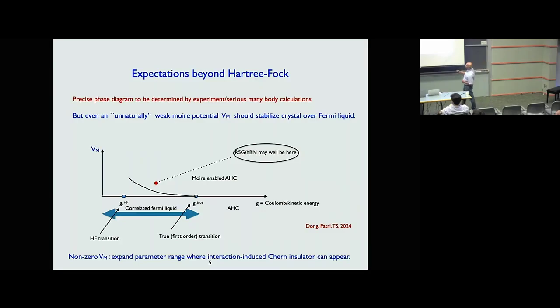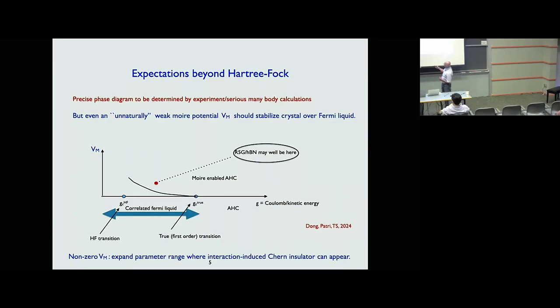So deep into the liquid phase, the crystal is almost the ground state, but ultimately it's not. It's the liquid. Right? So what that means is that an unnaturally weak Moiré potential can tip the balance between these two closely competing states and stabilize the crystal, even though in the absence of this periodic potential, the true ground state is just the liquid. Right? So I think this is important to keep in mind.